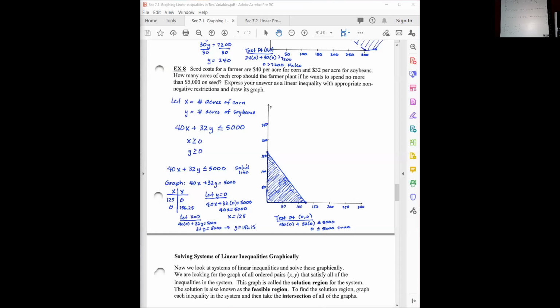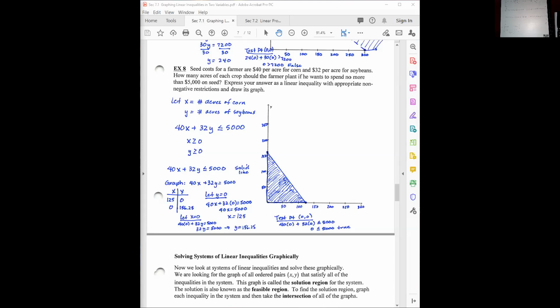And it says I don't want to spend more than 5,000. Then X must be greater than or equal to 0, and Y must be greater than or equal to 0. Ready? Zoom out a bit. That's too much zoom. Zoom back in. I was zoomed out from the last question.